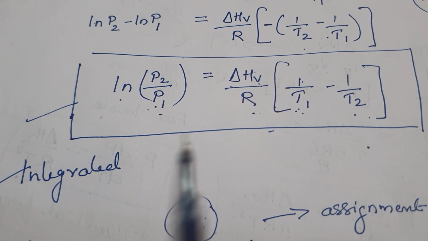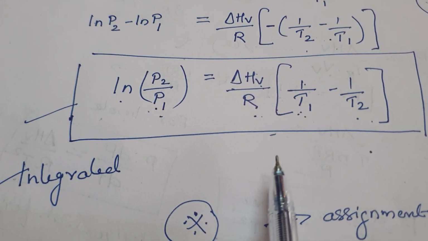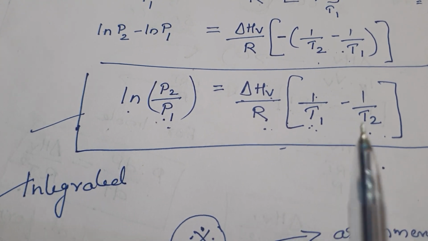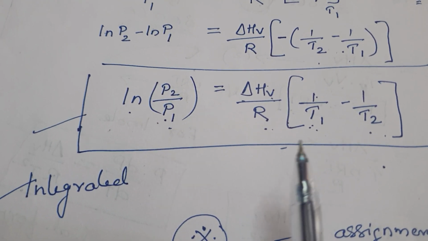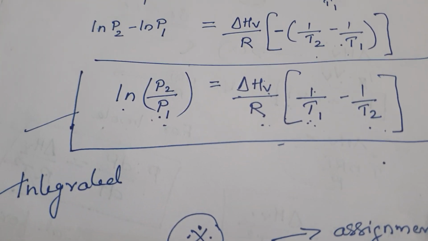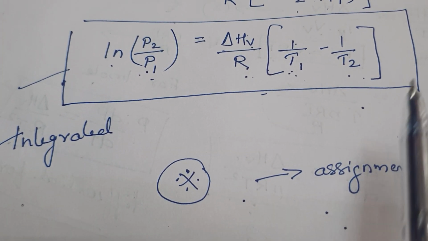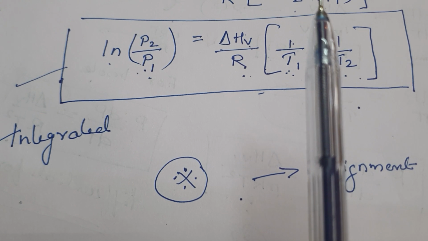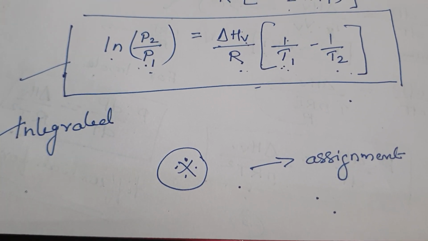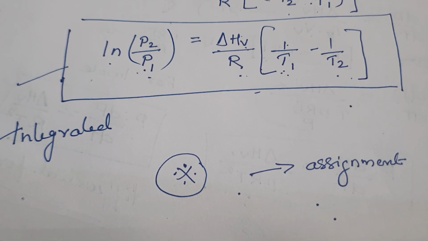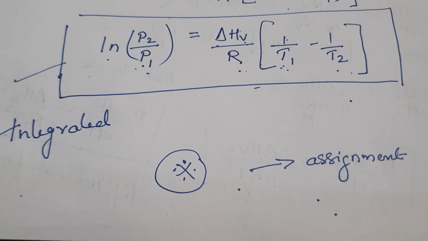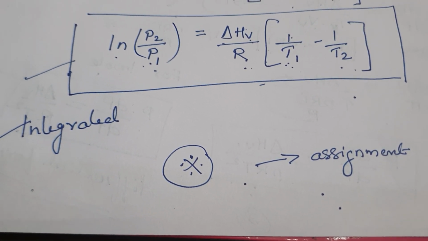Okay, students, please write down several times and study the derivation properly. Then only for the exam you will be able to write it. So do as an assignment: study the derivation of all of these, the Clapeyron equation, its application to the 4 different types of physical equilibria, and the Clausius-Clapeyron equation properly.